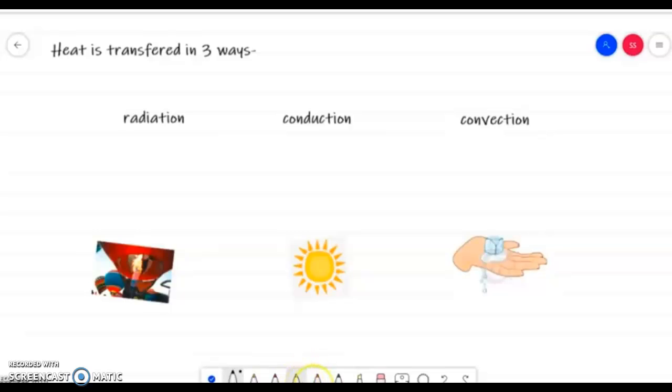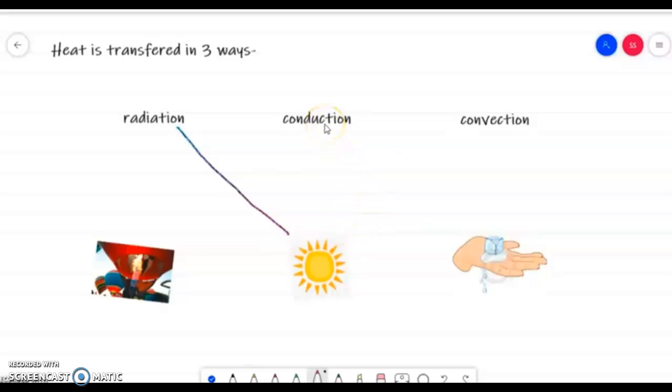Now, we know heat is transferred in 3 ways. We have up here radiation, conduction, and convection. And there's 3 matching pictures. So looking at the pictures, looking at the words, which one goes with which? Radiation? Yes, naturally would go with the sun because, as we said, we can feel the heat from the sun, although we don't touch it.